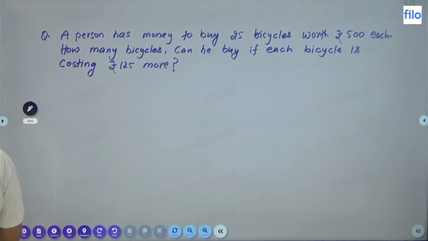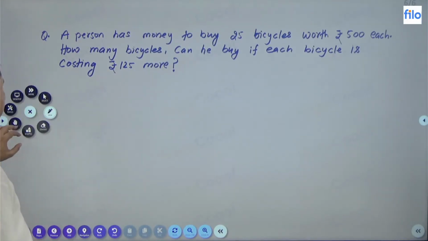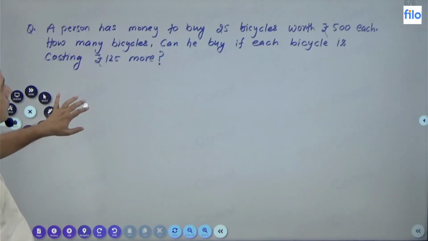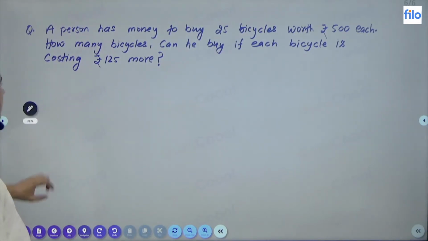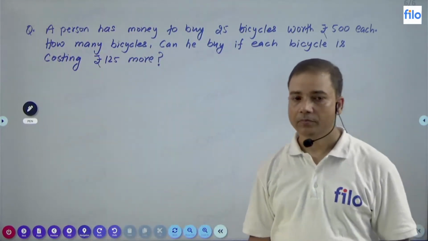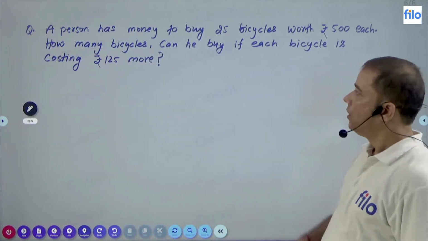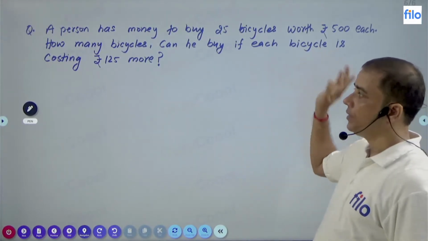Did you understand the question? I don't understand, sir. Earlier, one bicycle was costing 500 rupees.